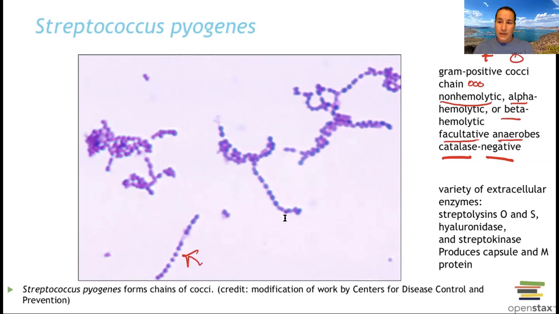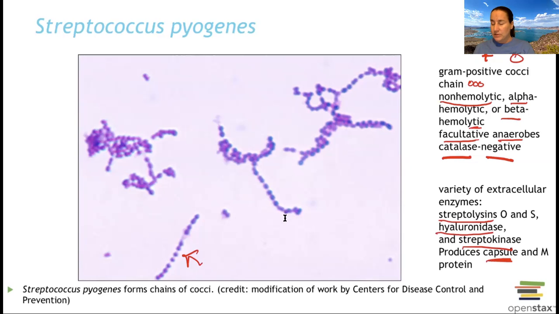These are also going to have virulence factors, just like staph did. So group A strep could have some virulence factors like enzymes, streptolysins, hyaluronidase, streptokinase. All of these help it make the tissue around it not happy, become inflamed. Some of these guys, again, are hemolytic, so they will rupture those cells.